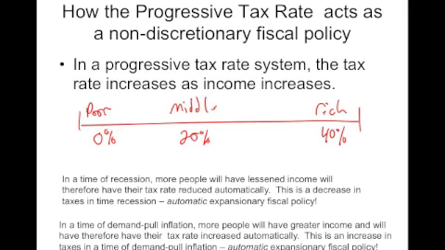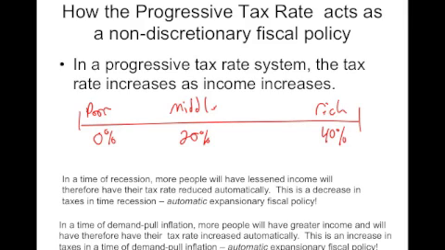So people are going to be moving to the lower tax brackets. And when they move to the lower tax brackets, their taxes are automatically going to be that lower tax rate in that tax bracket. So somebody in the middle class here might lose their job and then become poor. Well, automatically their tax rate goes down to 0%, and they have had their taxes reduced.